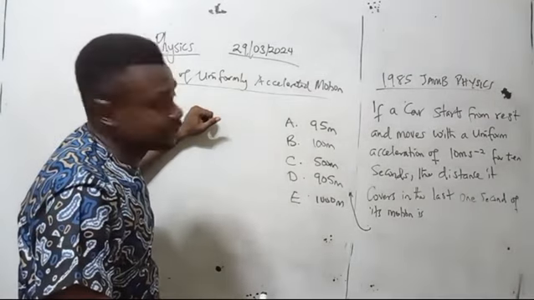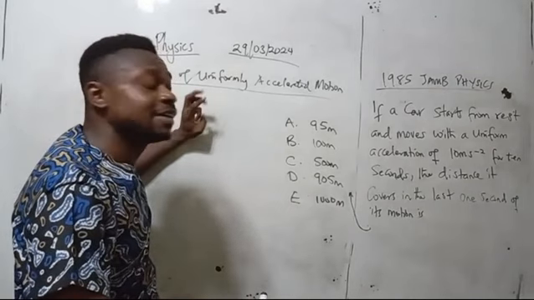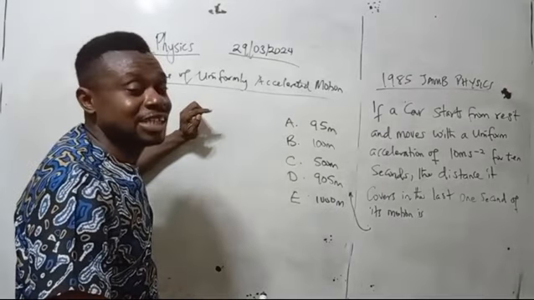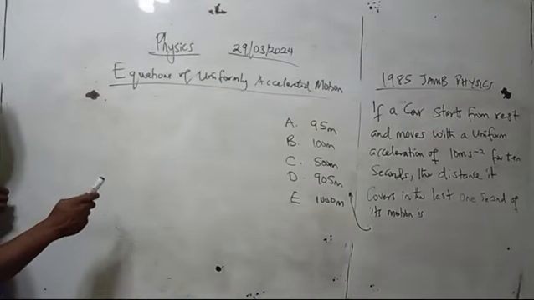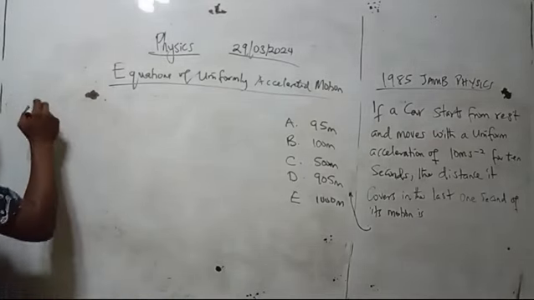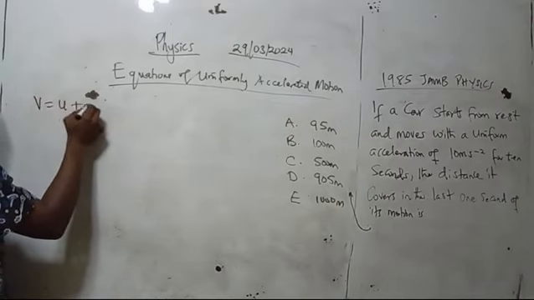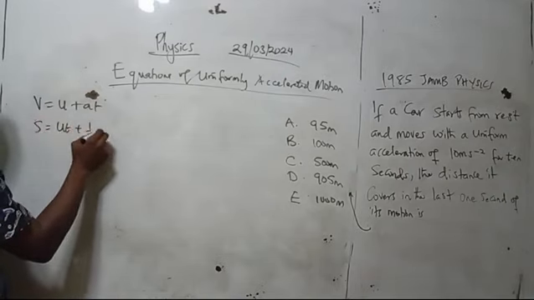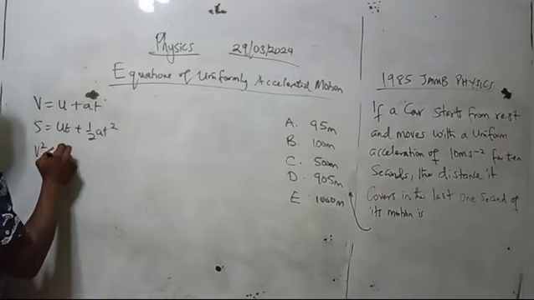That's the meaning. Now, the only equation of motion that has distance, acceleration, time and initial velocity is this equation. Let me write down the equations so that you understand. V is equal to U plus AT. S is equal to UT plus half AT squared. V squared is equal to U squared plus 2AS.